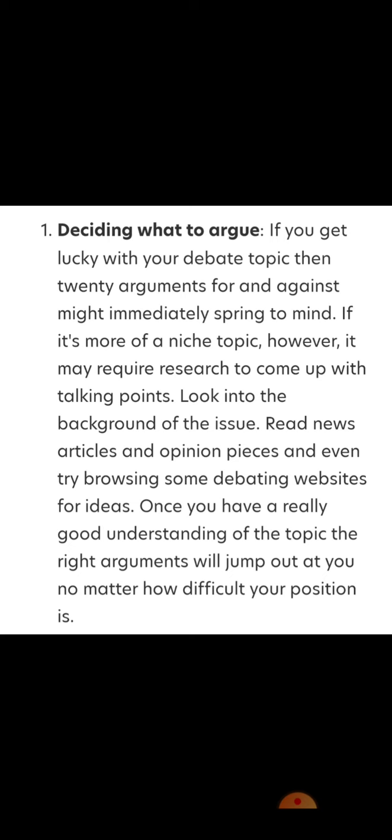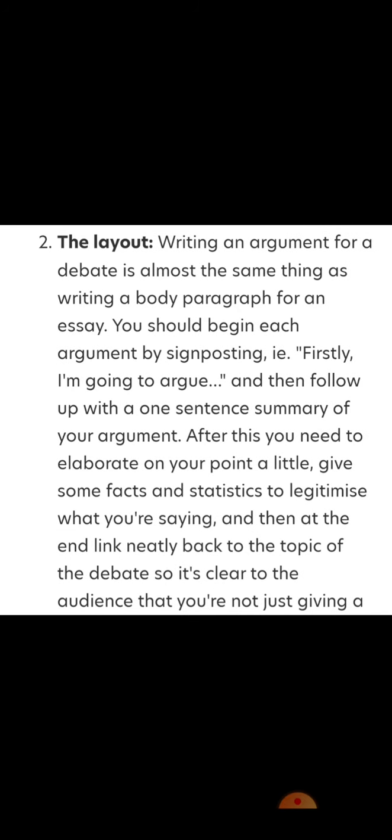Once you have a really good understanding of the topic, the right arguments will jump out at you, no matter how difficult your position is. So, children, while you prepare for the arguments, read news, articles, opinion pieces, and browse websites also to get an idea about what to write.